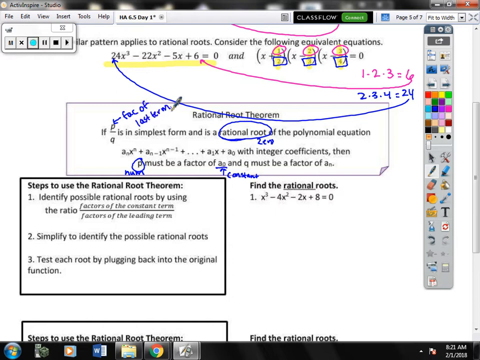But it's really your constant term, the one that doesn't have a number with it. And q must be a factor of a sub n, which was your first term. So this was our denominator, a factor of the first term.